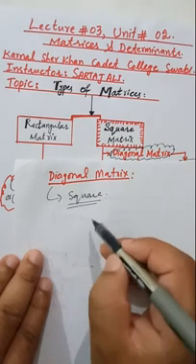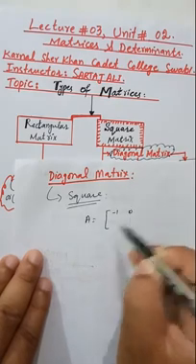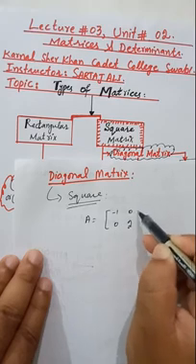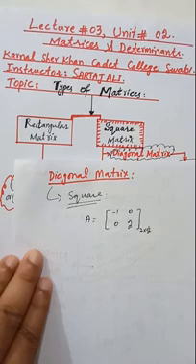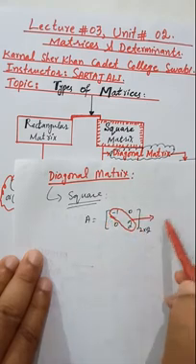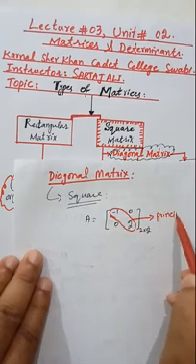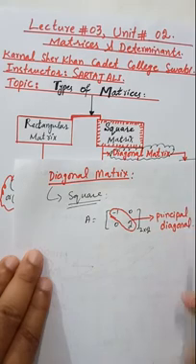For example, if I take [-1, 0; 0, 2], you see that this is a square matrix of order 2. Instead of saying order 2 by 2, we just say order 2 because this is a square matrix. So this is the principal diagonal of this square matrix. You clearly see that on the principal diagonal the elements are non-zero.